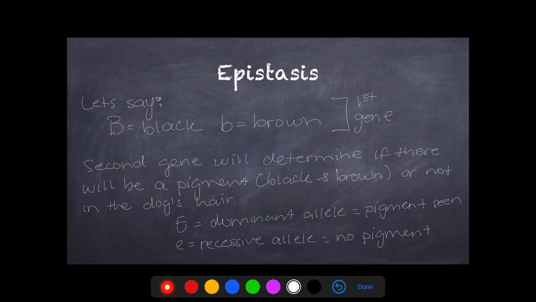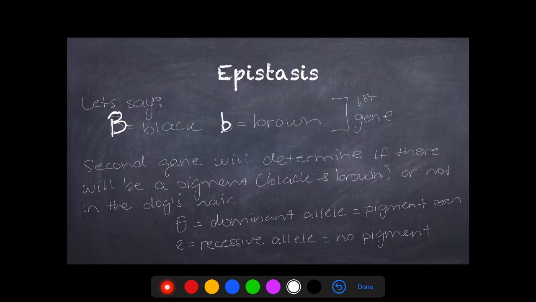And I'm going to use the example of Labrador retrievers, right? Everybody loves puppies. So, for example, if I say that capital B is going to give me black, and lowercase b is going to give me brown, I'm going to use this as my first gene.